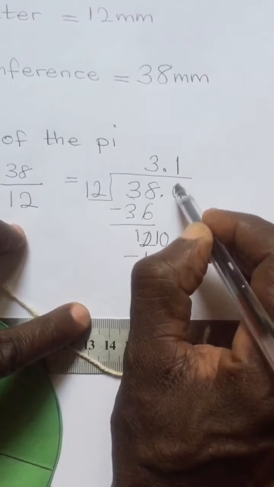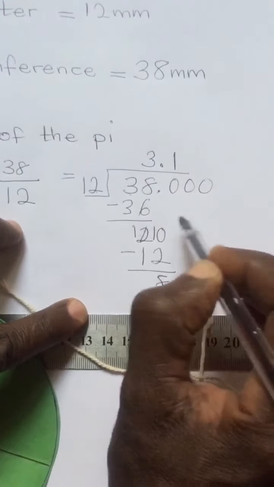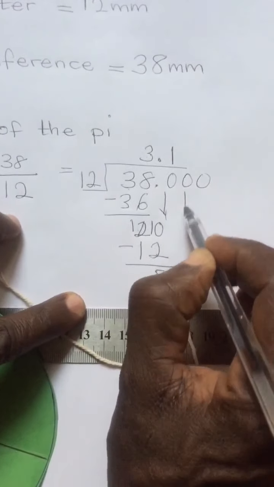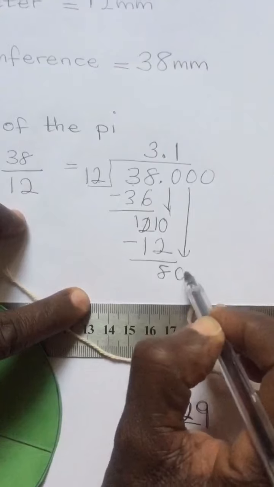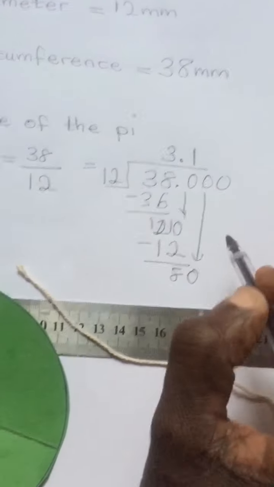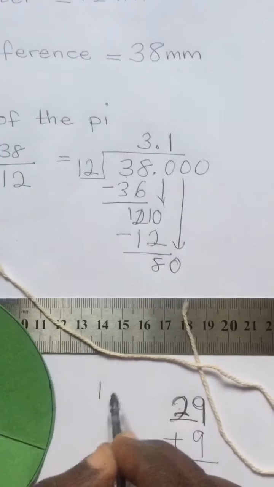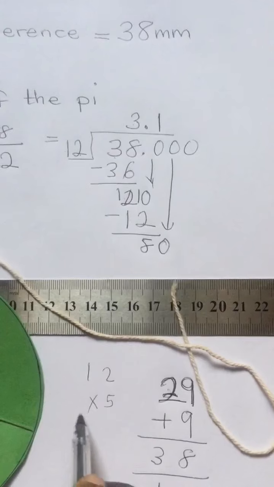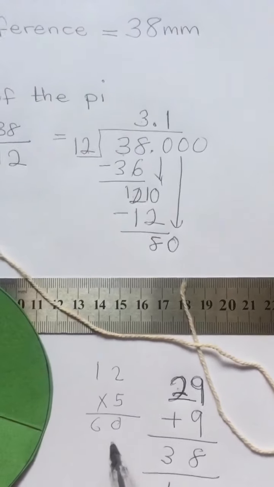Remember, there are a lot of zeros there. So we can bring another 0. This 0 came down, bring again the 0 into 80. So 12 into 80. We can say 5, which is 60.